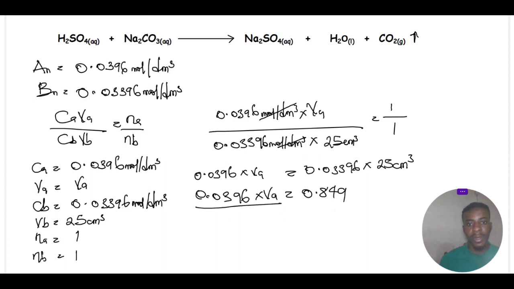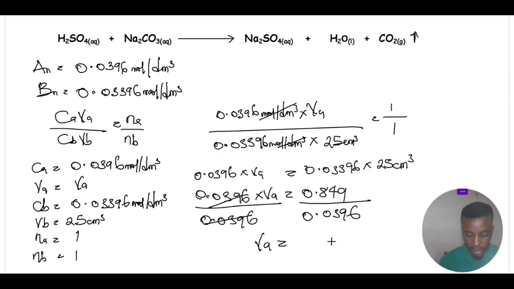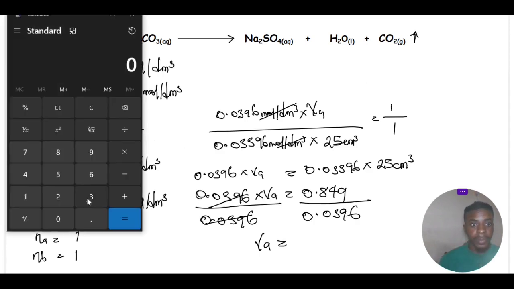So we divide both sides by 0.0396 to get our VA. If you do that, VA becomes this: 0.849 divided by 0.0396.